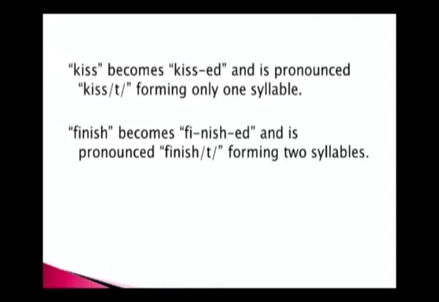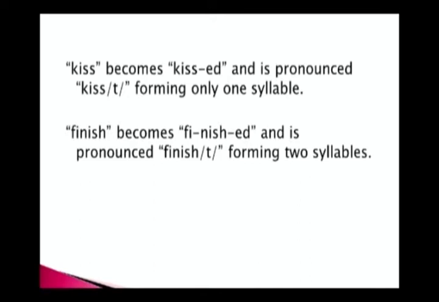The verb kiss becomes the past tense verb kissed and is pronounced kissed, only one syllable. The last one. The verb finish becomes the past tense verb finished, having two syllables.